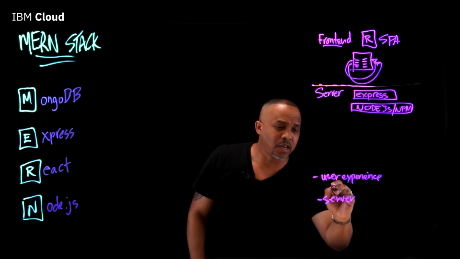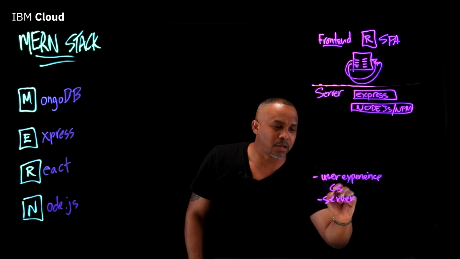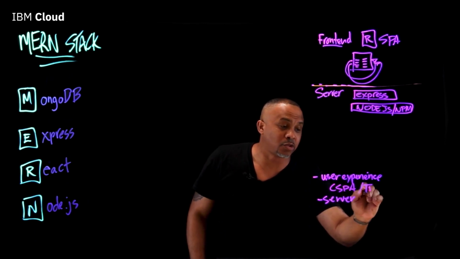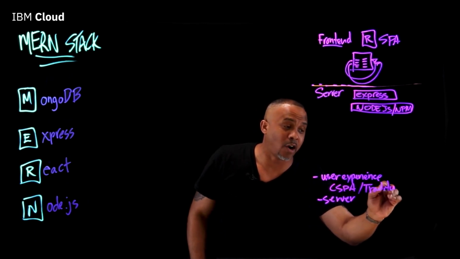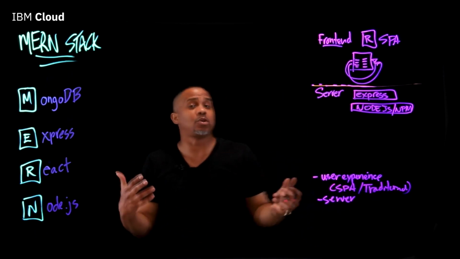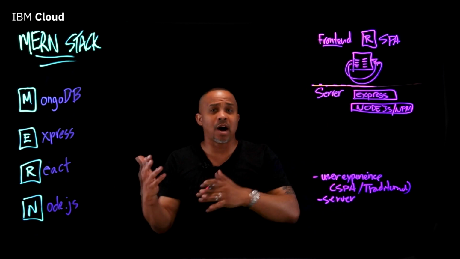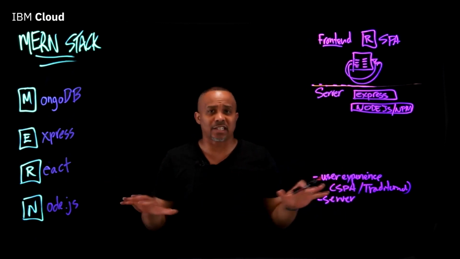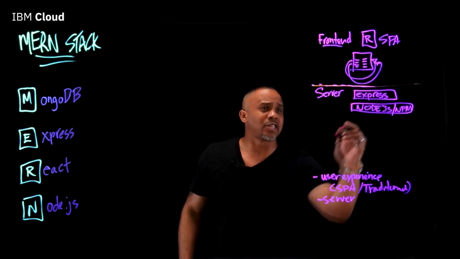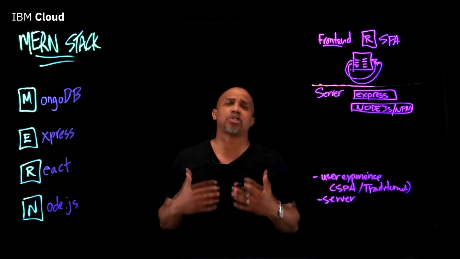Now, with the user experience, it gives me the ability to instantly go SPA and do traditional. I didn't mention that, but I can also still facilitate it. There are some use cases where I may want a hybrid mix, half SPA, half traditional. I have all that flexibility. Now with server side, that's where a lot of my functionality is.